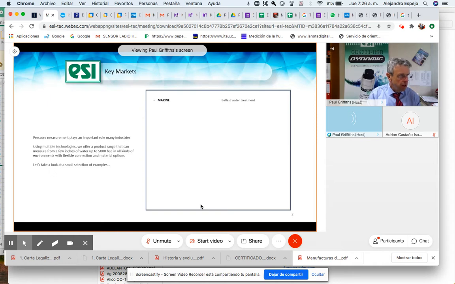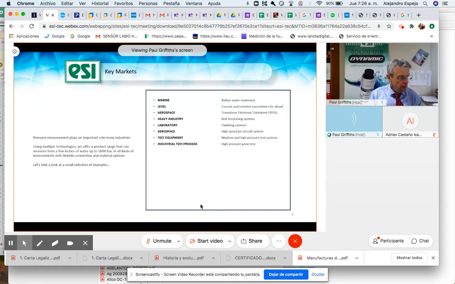So marine, level measurement, some aerospace applications, heavy industry, laboratory. There's another aerospace example. Then test equipment. This is test equipment for manufacturing or calibration. Industrial test process.